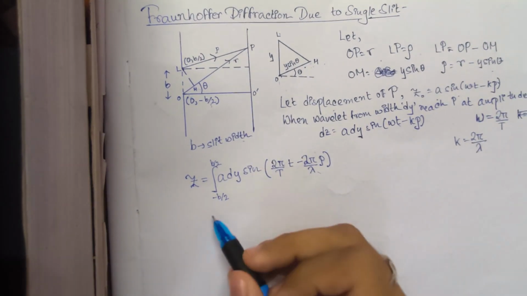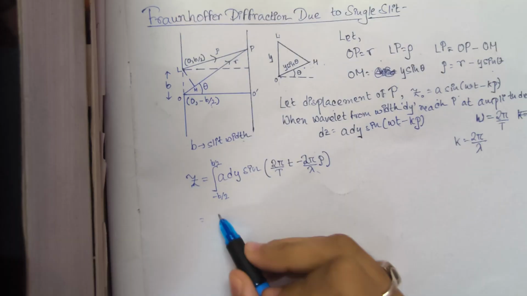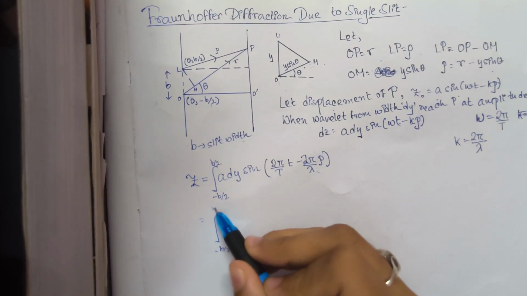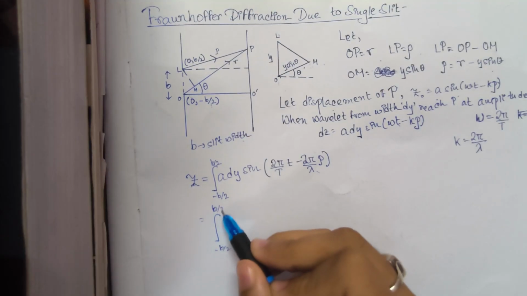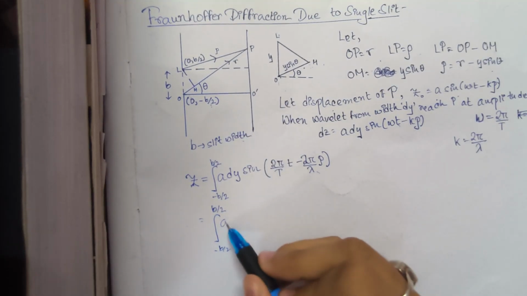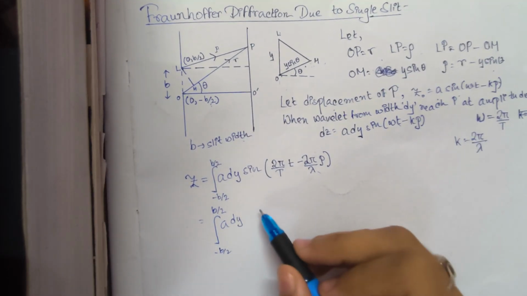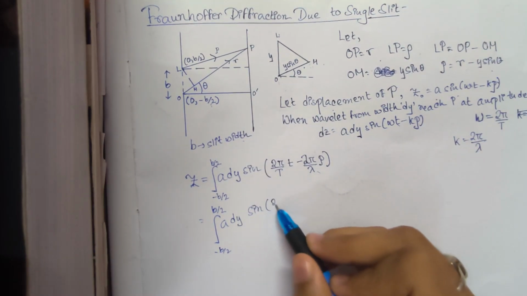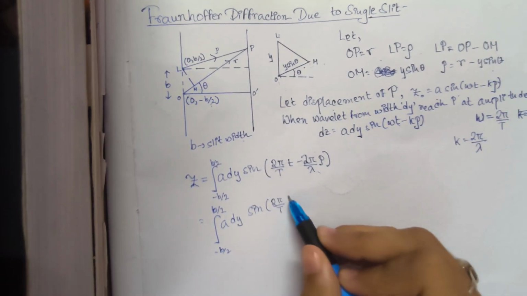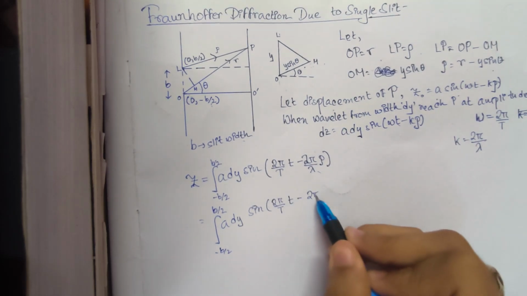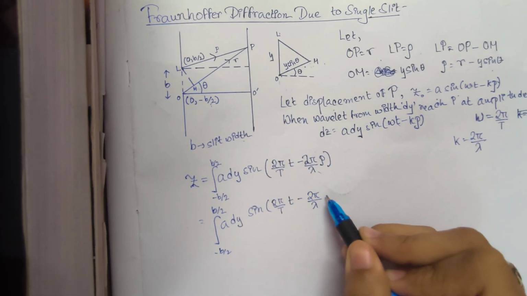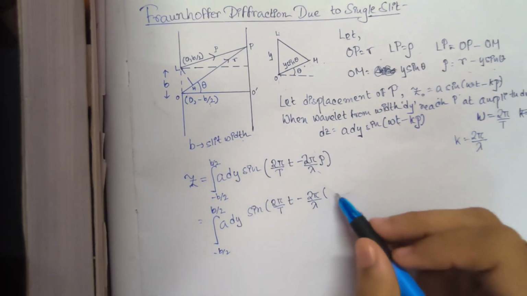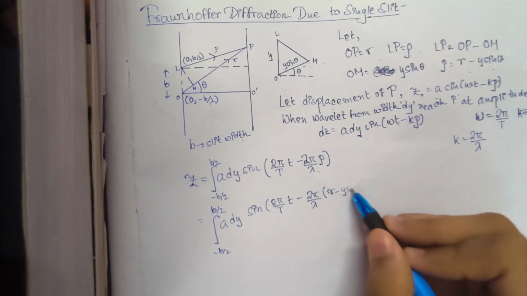So we can write the integral from minus b by 2 to plus b by 2 of a dy sine of 2 pi by T into t minus 2 pi by lambda into, I will put the value of rho over here, r minus y sine theta.